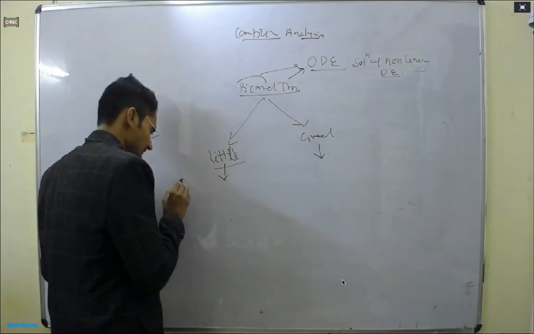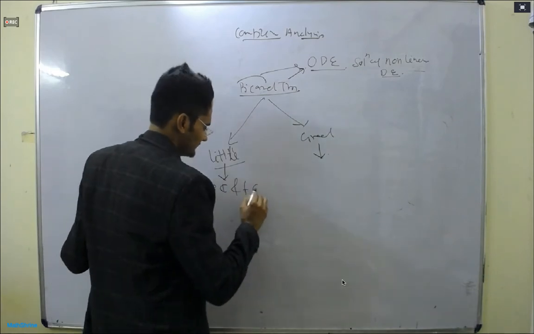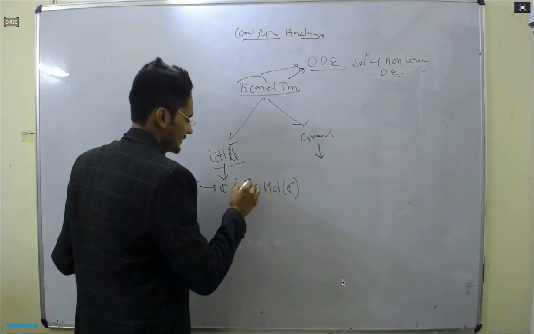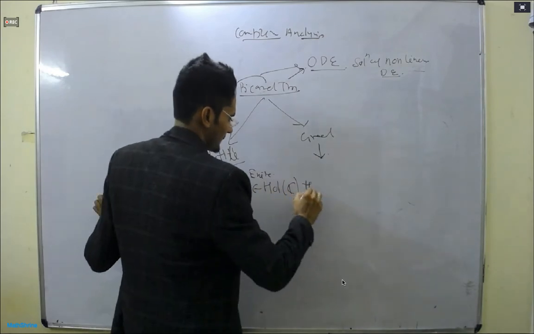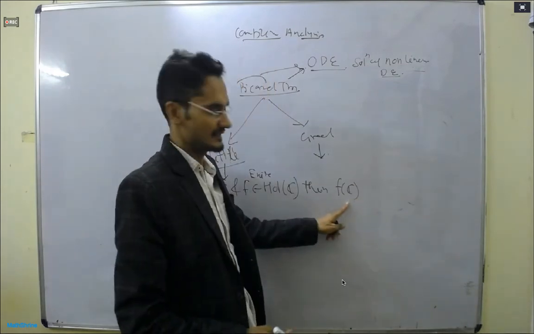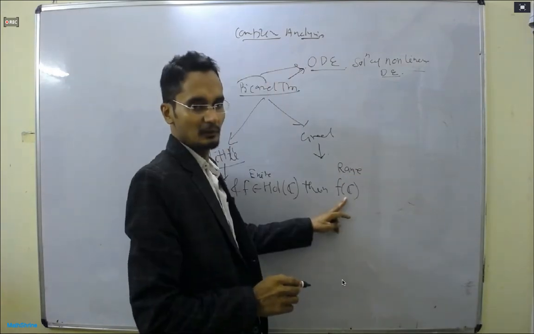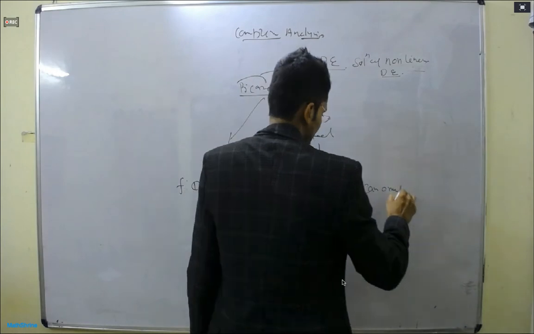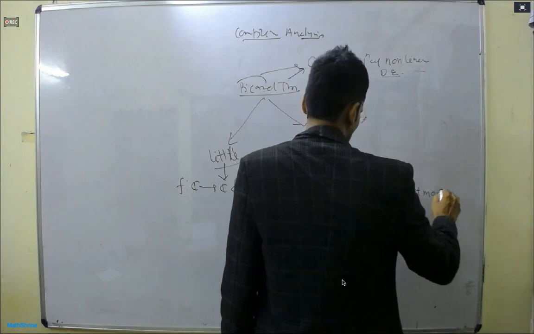Okay, so what is the little theorem? If f is a function defined from C to C and f belongs to the holomorphic functions on C, meaning the function is entire, then f of C, which is the range of a holomorphic function under f, can omit at most one point.